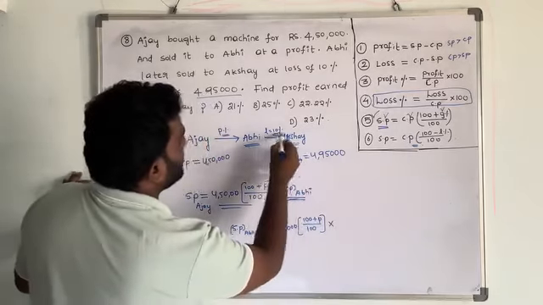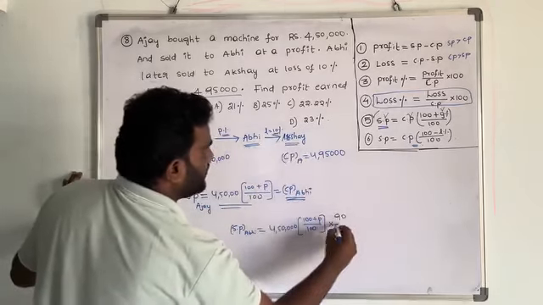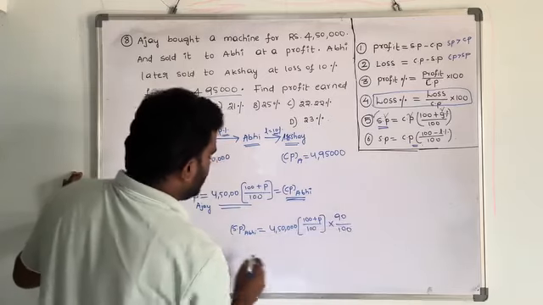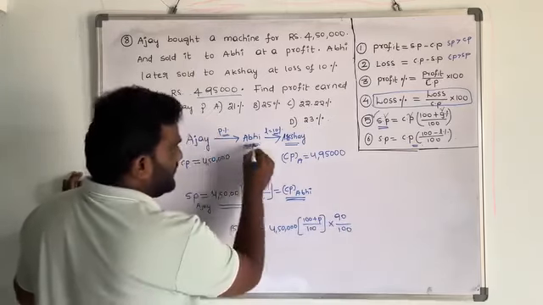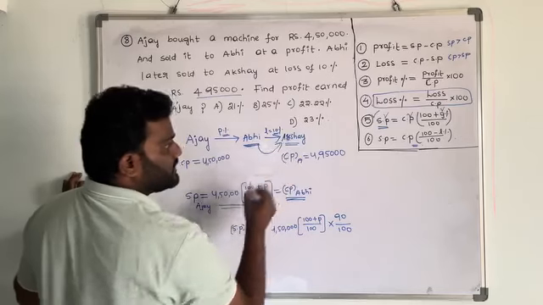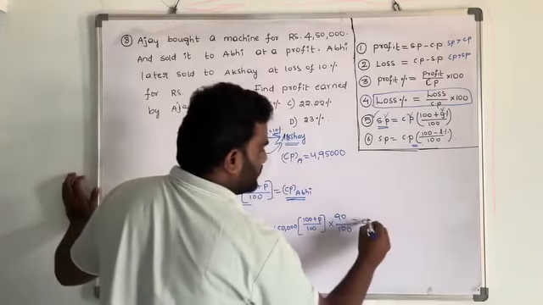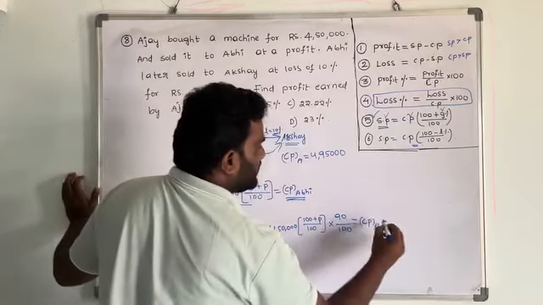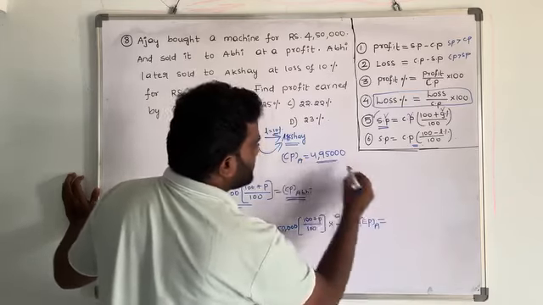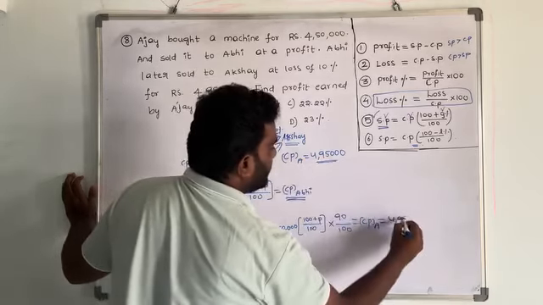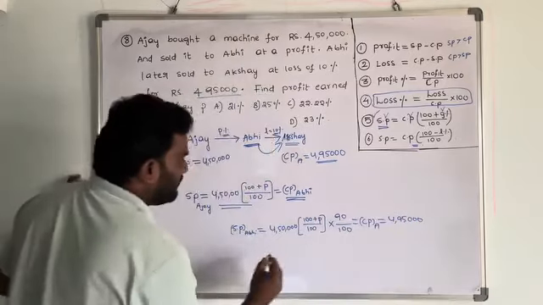How much is the loss percent? 10 is given, so 90 by 100. So this is the selling price of Abhi, that is equal to the cost price for Akshay. Now that value is given as 4,95,000. So ultimately what are we left with?